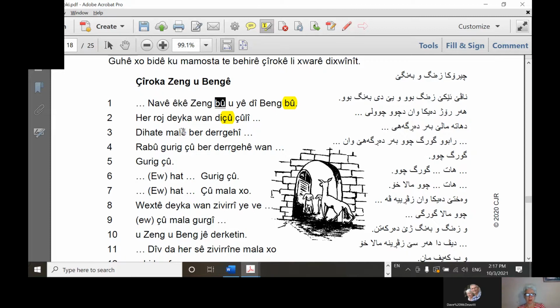All right, the next verb is in line 3, hot. And again, it has this continuous marker DI at the beginning of it, which is used a lot in storytelling. And this E here is not a verb ending.